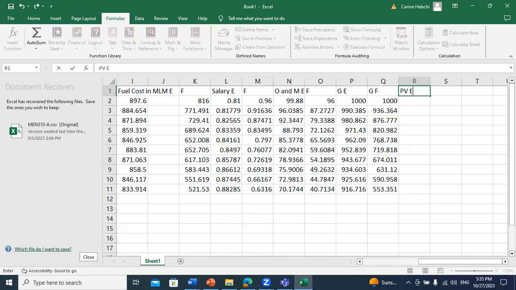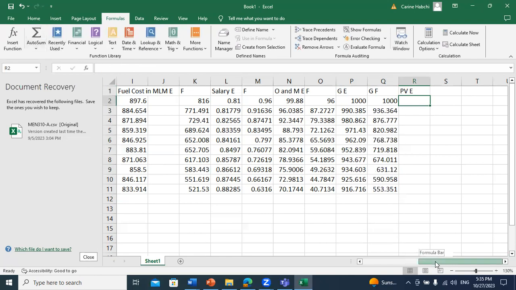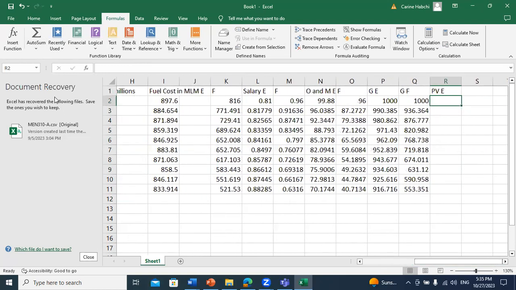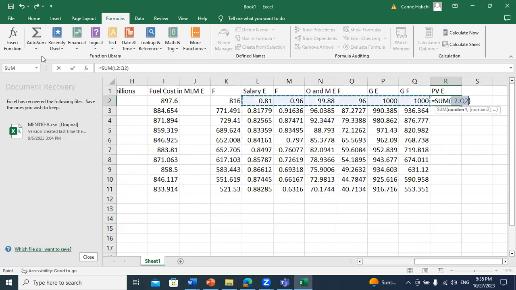So we should add the economic fuel cost. So here, it's a summation. We start for each year with the economic fuel cost.